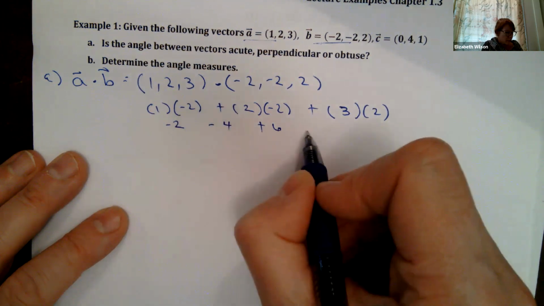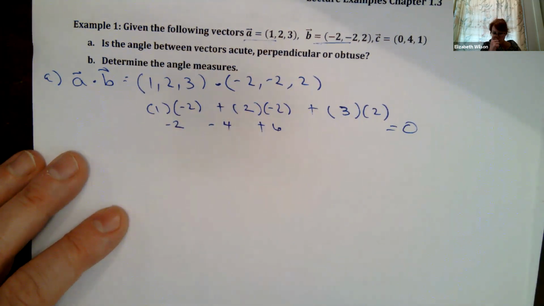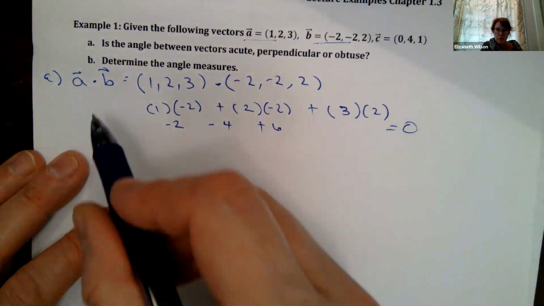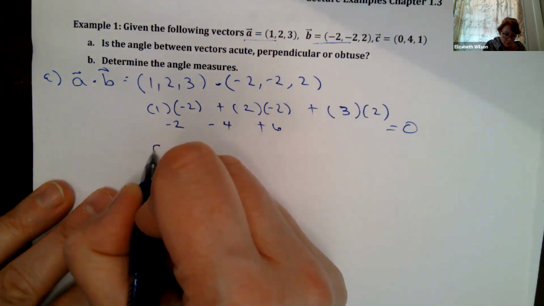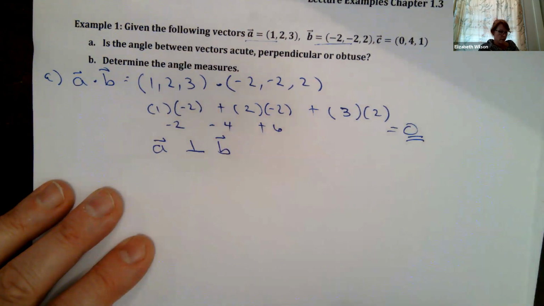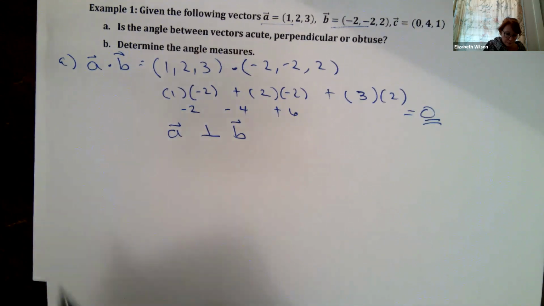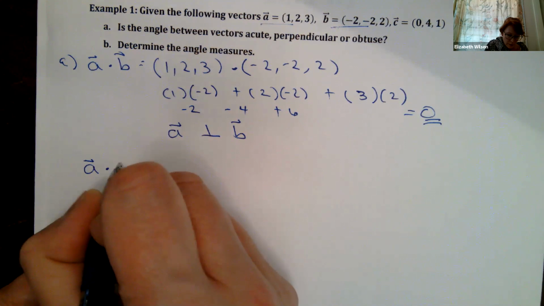That's -6 plus 6. This is equal to 0. Remember we said before, if the dot product was equal to 0, that means that these two vectors are perpendicular to each other. A and B are perpendicular because the dot product was equal to 0. We'll prove it to ourselves in a minute when we find the actual angle measures in part B.